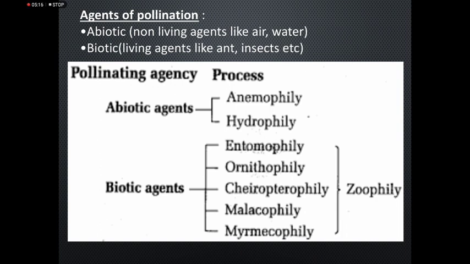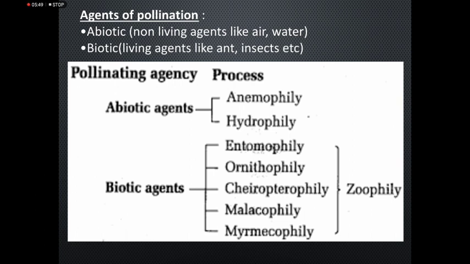Then the next topic is agents of pollination. There are two main agents, abiotic and biotic. Abiotic means non-living agents like air and water. Biotic means living agents like insects, animals, etc. Pollinating agents are broadly classified as abiotic agents and biotic agents.